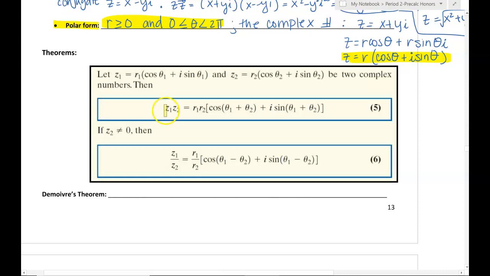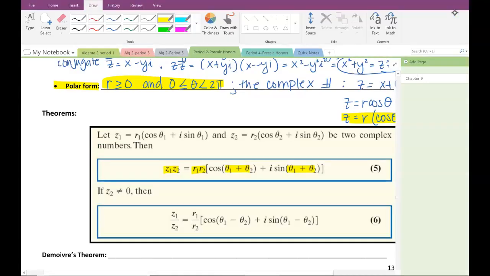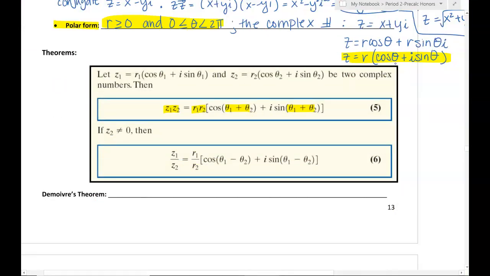Then, when we multiply the two complex numbers, all we're doing is really adding the angles together and then multiplying the radii together. Now, if z sub 2 is not going to equal 0, because when you divide, you can't have a denominator equal to 0, then we can divide them. Well, dividing them is very similar. Then we divide the radii and then subtract the angles, which you do need to know these formulas, okay?